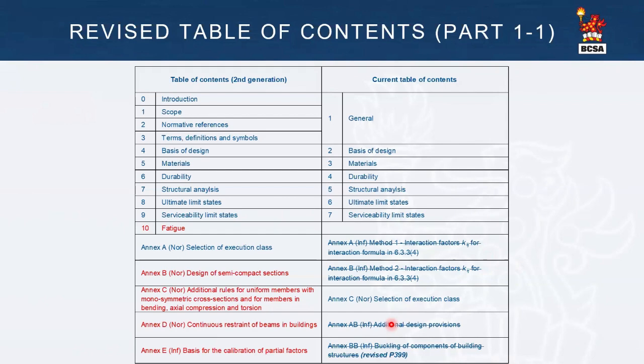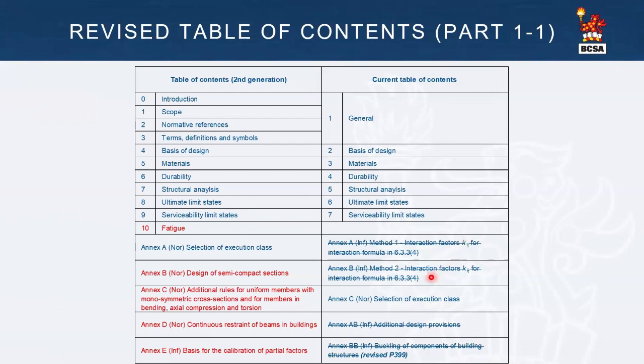So Annex A in the existing code has the coefficients for the interaction formulae for combined axial and moment, and now has been moved into the new technical specification, which is for alternative interaction method for members in bending and compression.